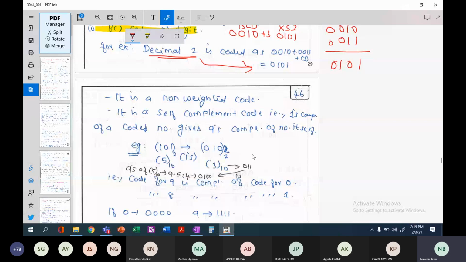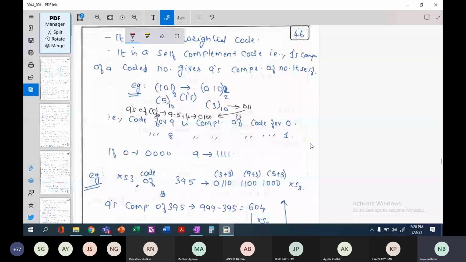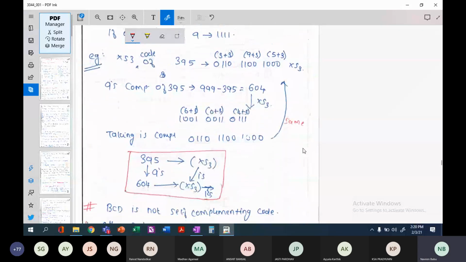As promised, it did not get through to you, right? So what is this self-complementing? I'll explain it here. Say for example, you take this decimal number that we have, 395. You take XS3 of this particular number, okay? And at the same time, you take the nines complement of the number.